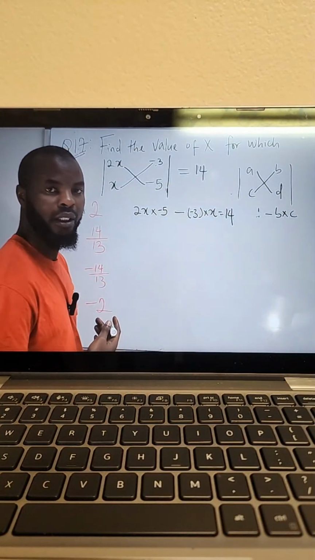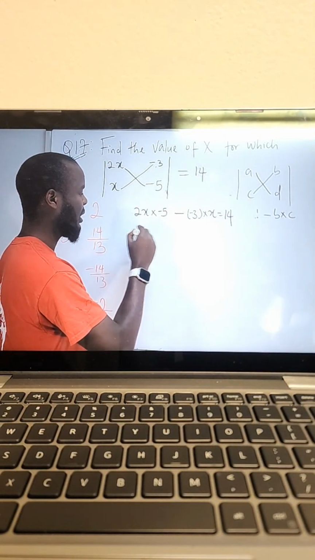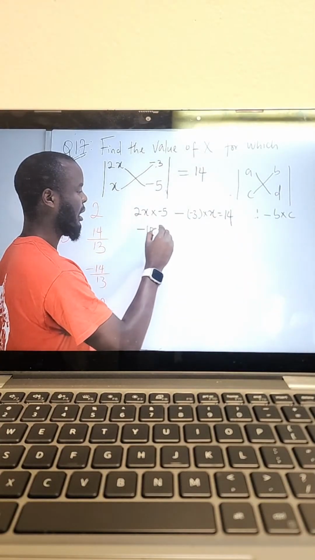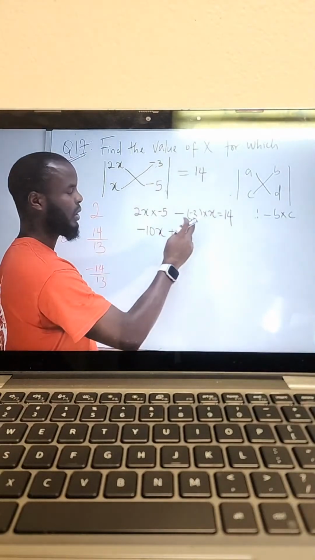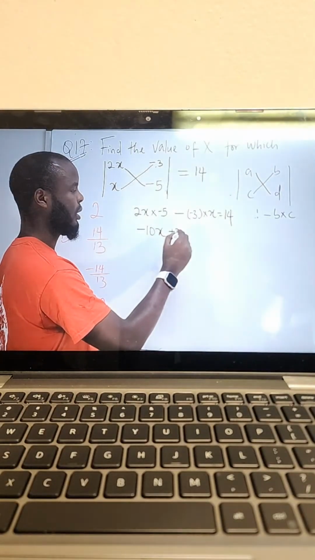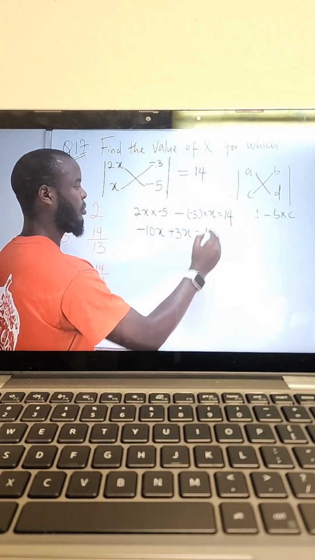Let's simplify further. Here we have 2x times negative 5, which is negative 10x. Negative times negative is positive, so 3 times x is 3x, equals 14.